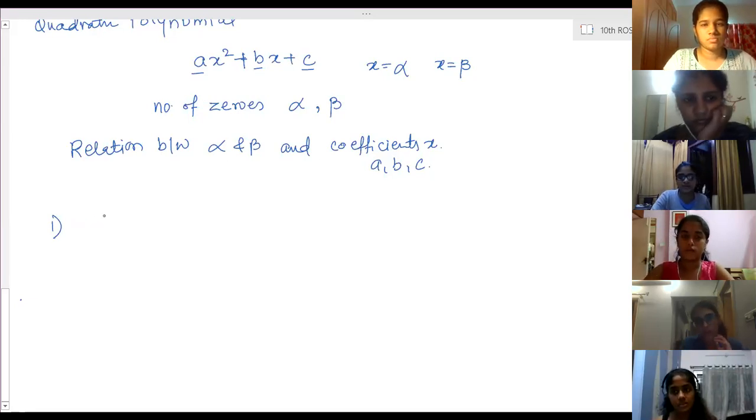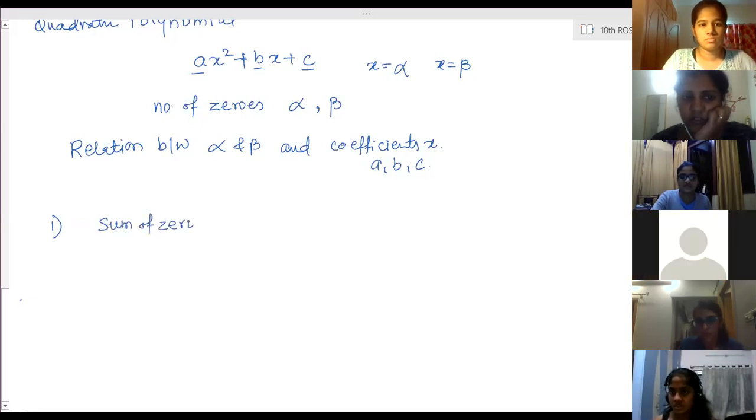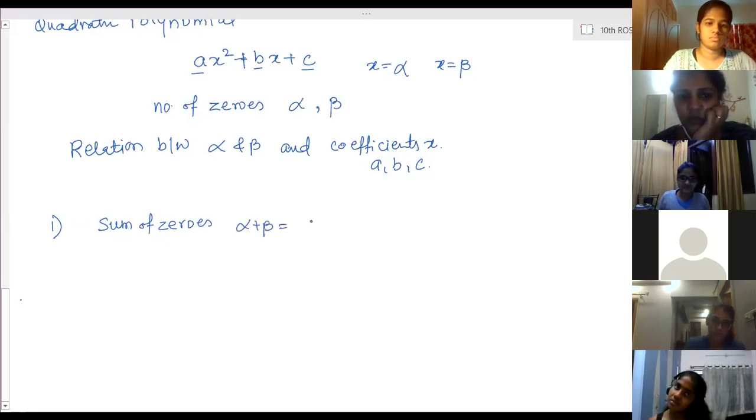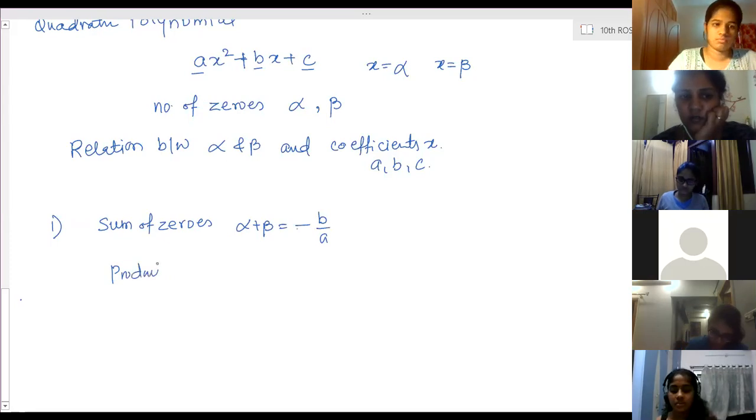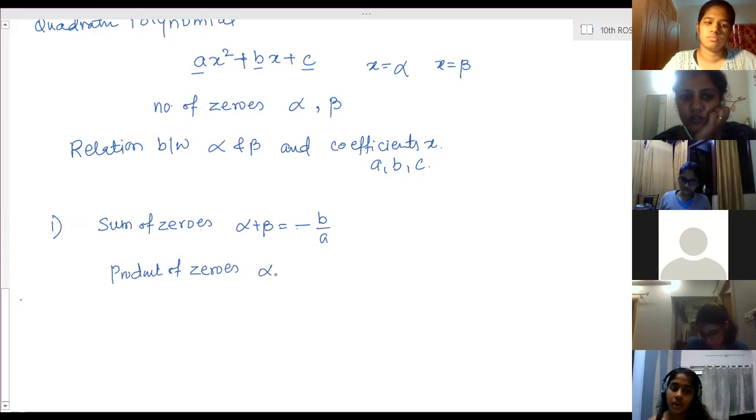Alpha plus beta, the sum of zeros, is equal to minus b by a. And the second one is the product of zeros, alpha beta, which is equal to c by a. So these are the two relations that have been given.